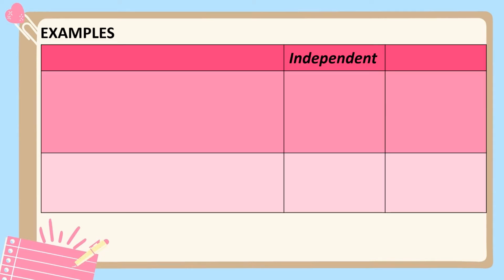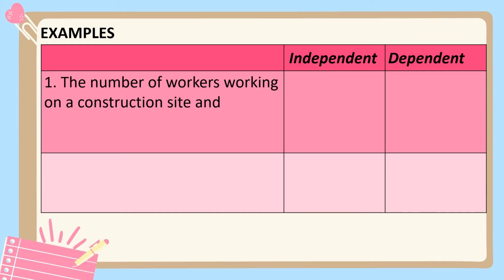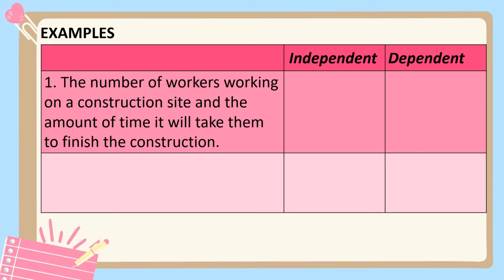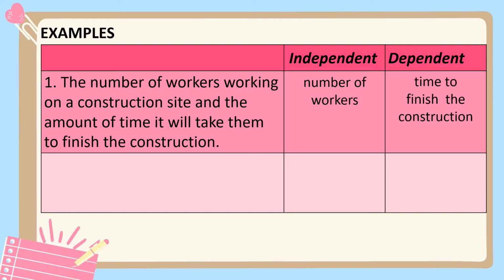Let's have some examples in identifying independent and dependent variables. Number 1. The number of workers working on a construction site and the amount of time it will take them to finish the construction. The independent variable here is the number of workers, while the dependent variable is the time to finish the construction.